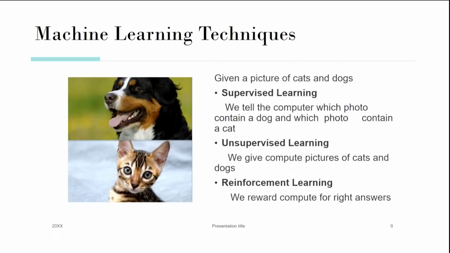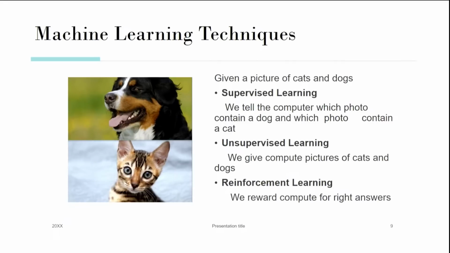In the case of unsupervised learning, we don't give the label to the data. We just give the data, without the label attached. We will show a lot of images of cats and dogs, but we will not tell the computer that this is an image of a dog or a cat. So unsupervised learning tries to group them based on some similarity.